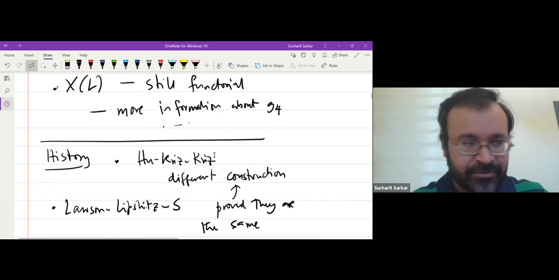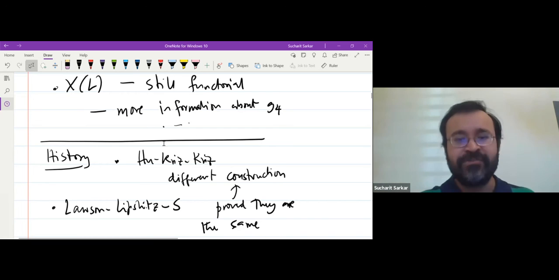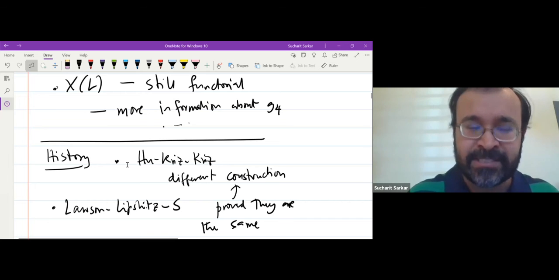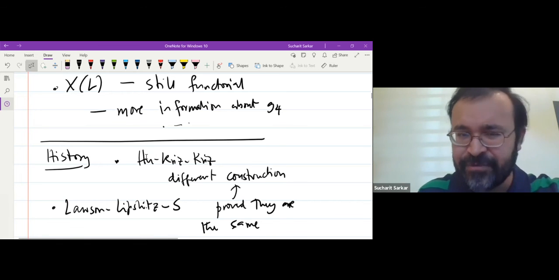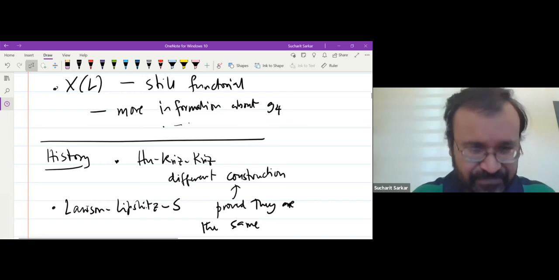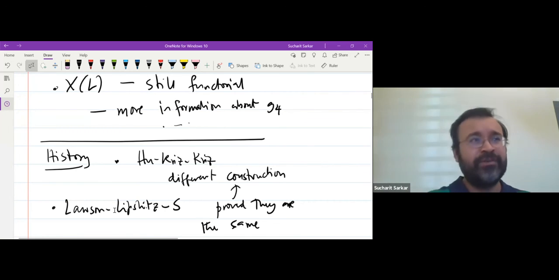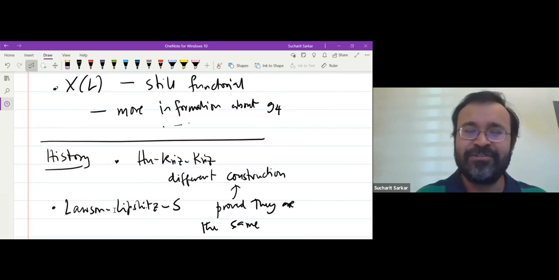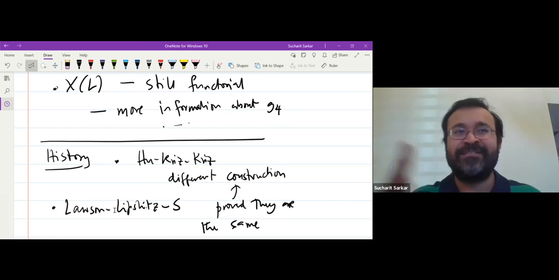Around the same time, Hu-Kriz were constructing a K-theory lift of Khovanov homology. And then we realized that you can actually lift it to a space all the way if you're slightly more careful. In this joint paper with Lawson and Lipshitz, we showed that these two definitions are the same, but it took a long time, because our definitions are very far away to start with, so we had to construct five intermediate definitions.